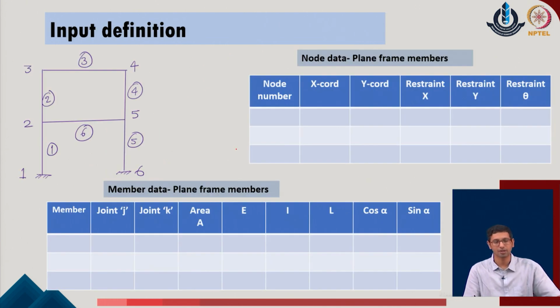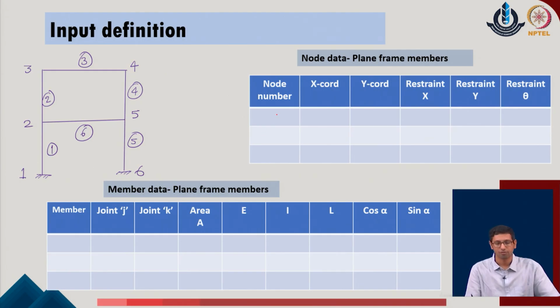Now, with this part we label the given numbers. The procedure is very similar to what we did in the previous sessions. So, we identify all the nodes of the given system, and we label the members of the given system also.